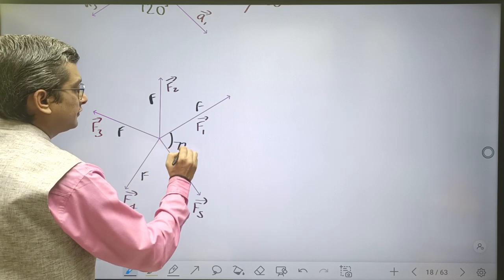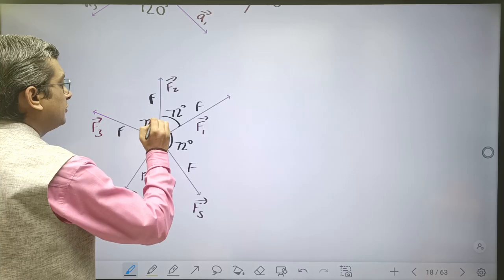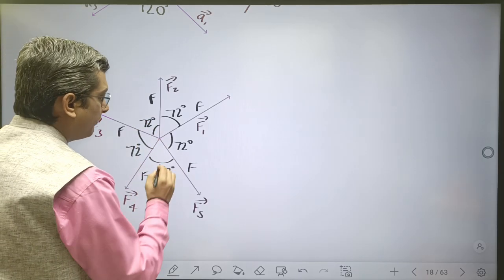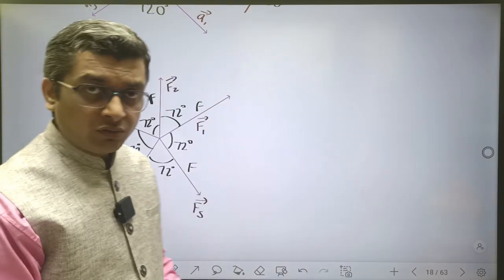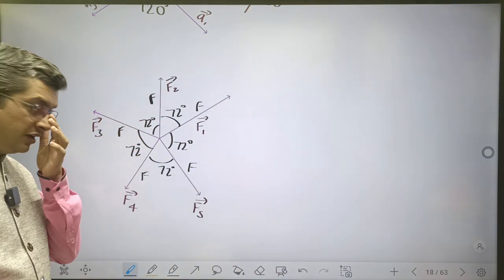Let us suppose this angle is 72 degrees, 72 degrees, 72 degrees, 72 degrees, 72 degrees. So 72 times 5 is 360 degrees. So the angle between any two vectors is 72 degrees.